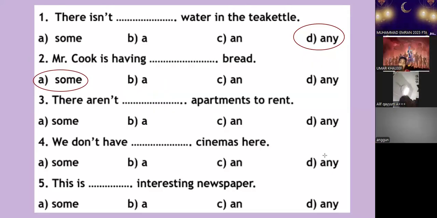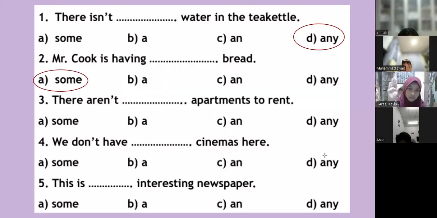Amna, number 3. There aren't apartments to rent. Is the sentence positive or negative?